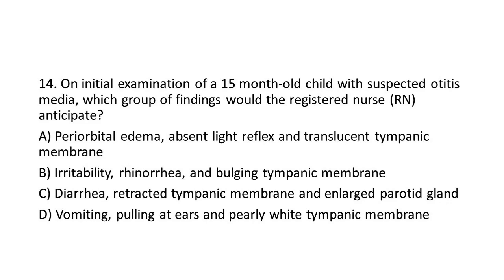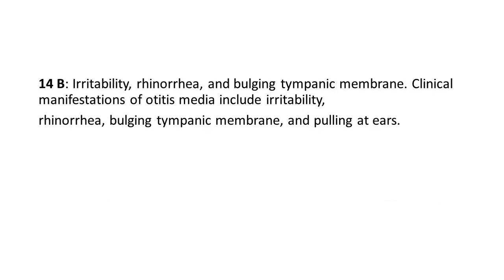C. Diarrhea, retracted tympanic membrane and enlarged parotid gland. D. Vomiting, pulling at ears and pearly white tympanic membrane. 14B. Irritability, rhinorrhea, and bulging tympanic membrane. Clinical manifestations of otitis media include irritability, rhinorrhea, bulging tympanic membrane, and pulling at ears.